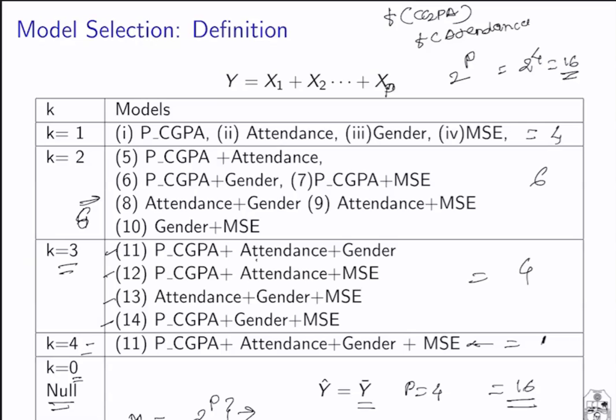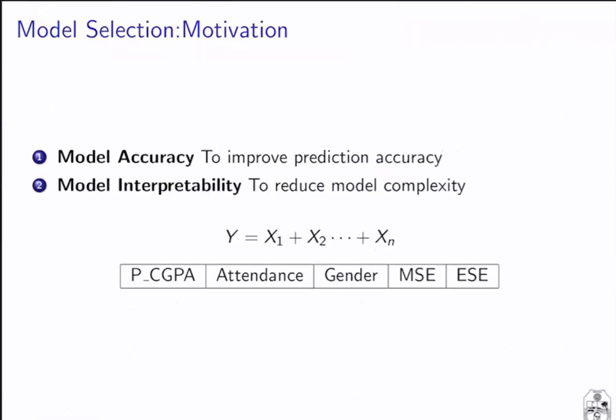Now, when I say that the objective of model selection is to select one model out of these 2 to the power of p models, then I need to have some criteria to define which is the best model, and I need to have some method by which I can select this one model out of these 2 to the power of p different possibilities.